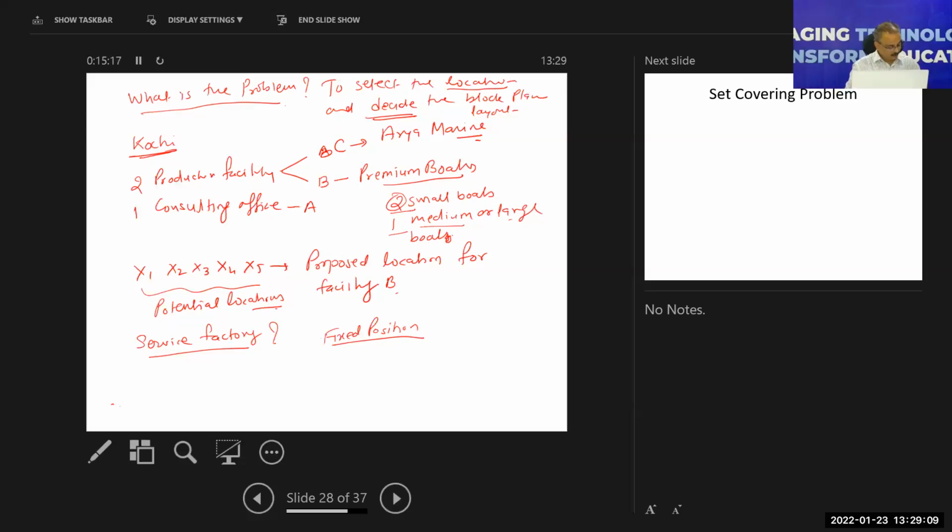Because based on the multiple data that is being given, you have to look at which technique you can apply. So for a center of gravity, what you need? Weightage given, locations also given. Station coordinates.